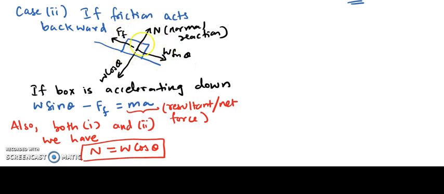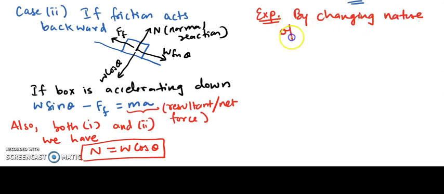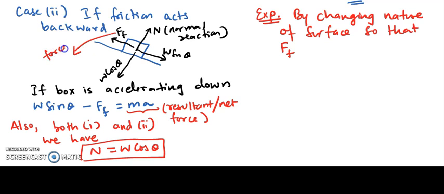Now this is a case where you can do an experiment also. You can do the experiment by changing the nature of the surface, so that the force of friction, Ff, changes.